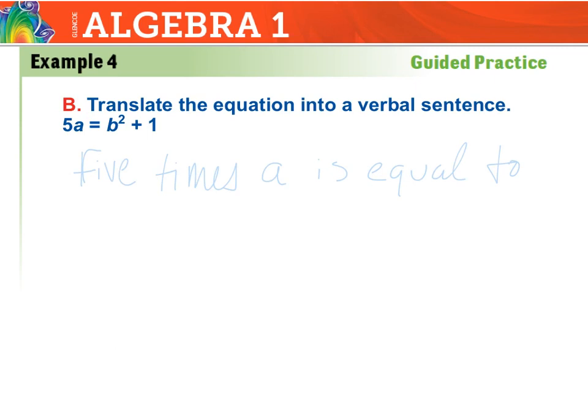So let's say b to the second power plus 1. We wrote the addition kind of boring. I'm sorry. Anyway, so I think there we go. So we're good to go here.